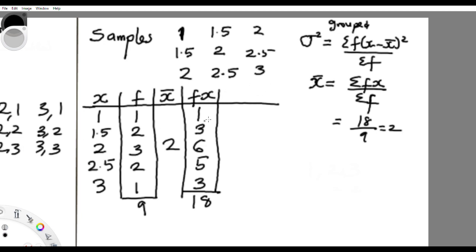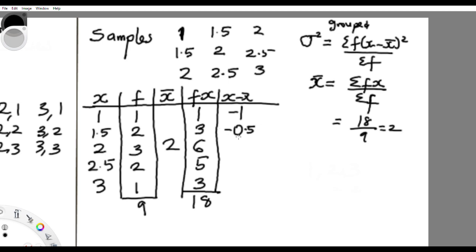We already have the mean. Now let's get x minus x bar, which is 1 minus 2, and that is minus 1. This is 1.5 minus 2, and that is minus 0.5.